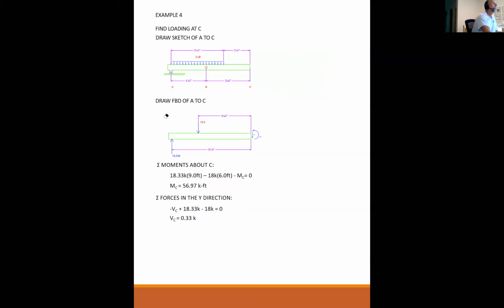Excuse me, Professor. Okay, so you assume that the shear force at C is going down, right? Yes. Then you got it positive, so it's really going down. Because if you get it negative, it means it's up.